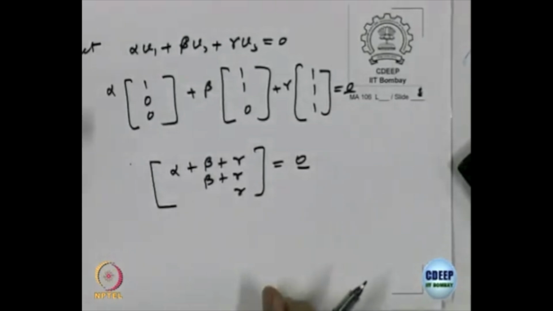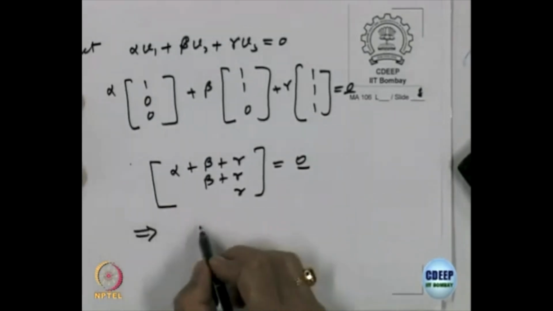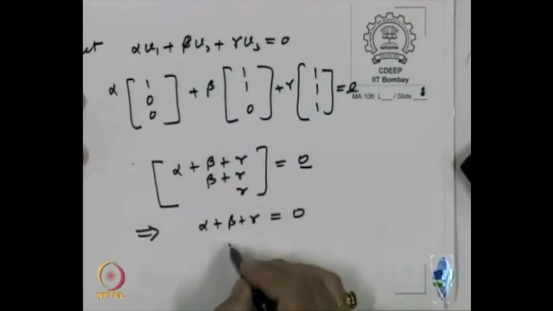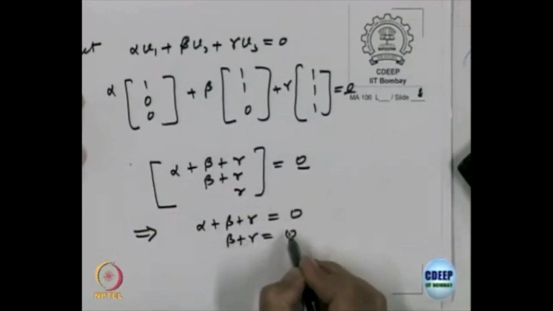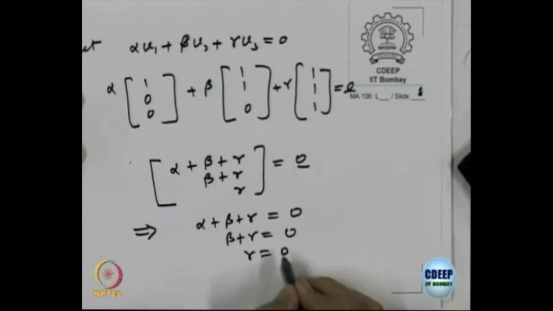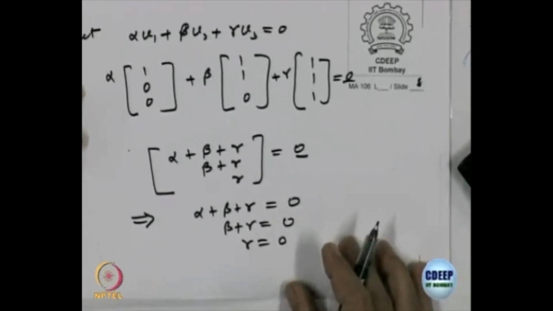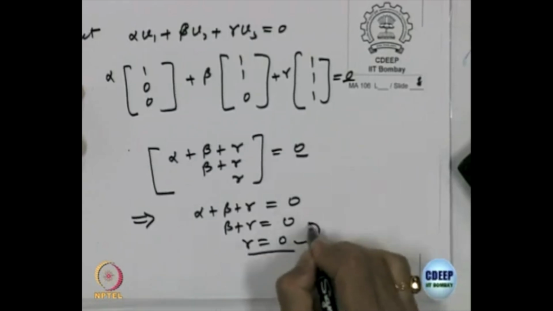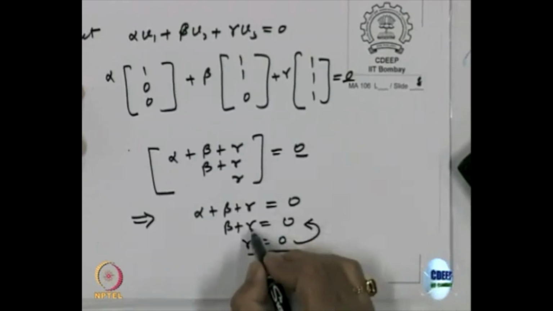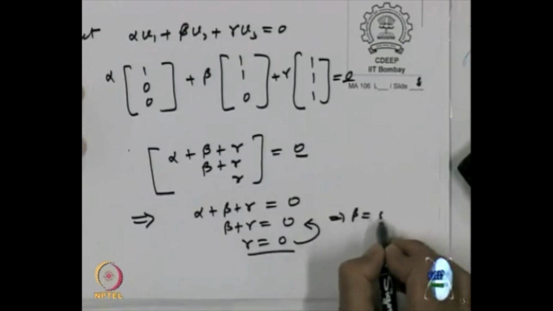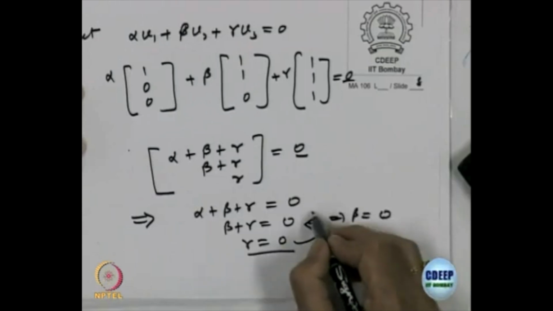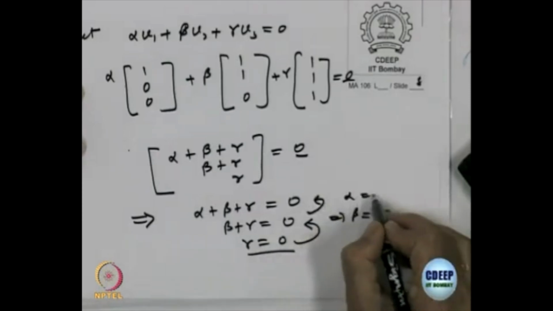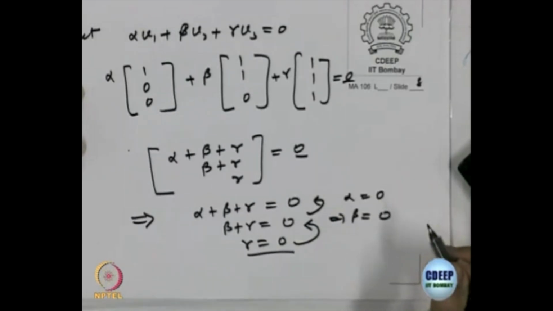I have just added those vectors, but that means: alpha plus beta plus gamma, the first equation, should be 0, second, beta plus gamma should be equal to 0, and third says gamma should be 0. So these 3 equations must be satisfied, and now gamma is equal to 0. If I put it in backward here, gamma is 0, that implies beta is equal to 0. Now beta and gamma are both 0, put the values here, that implies alpha is also equal to 0.